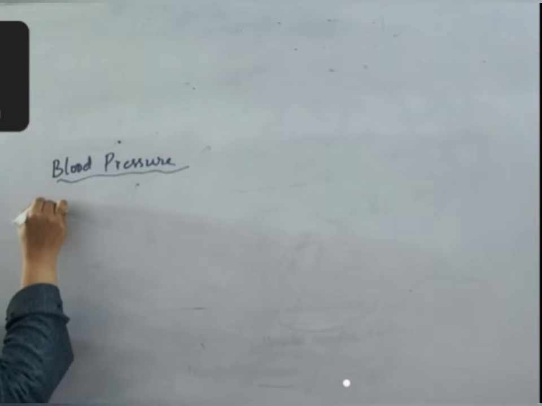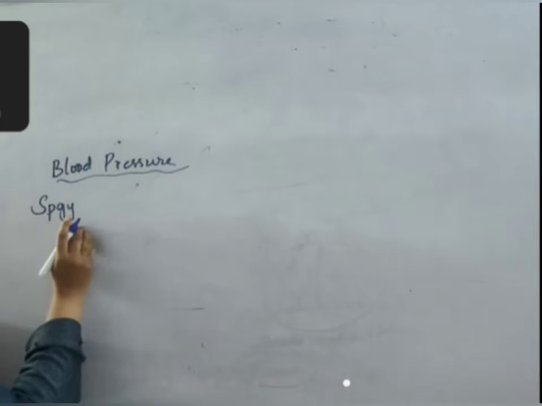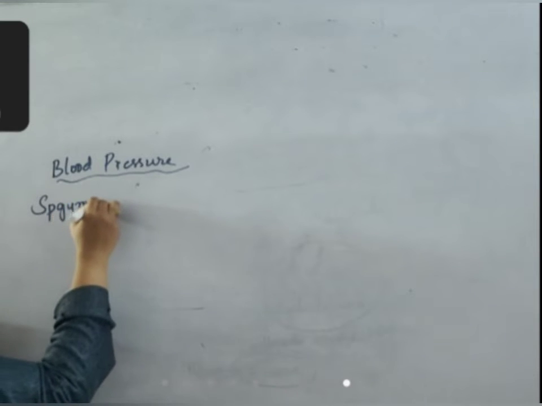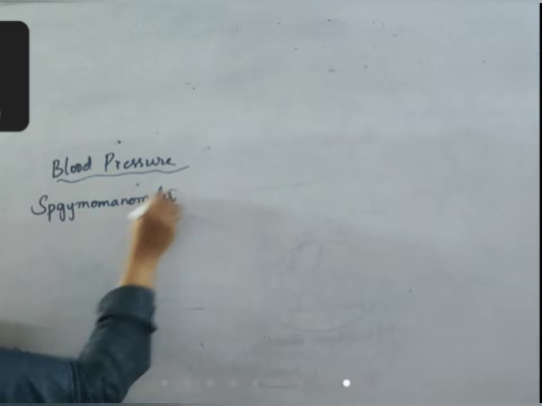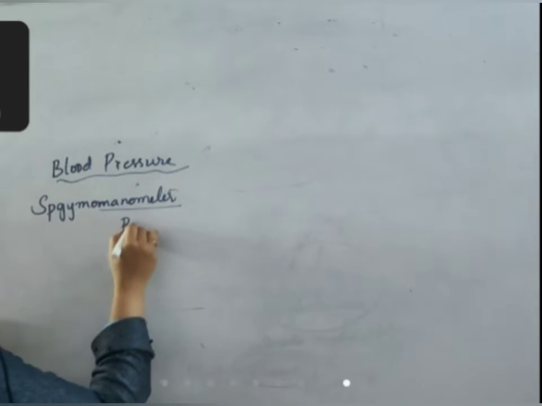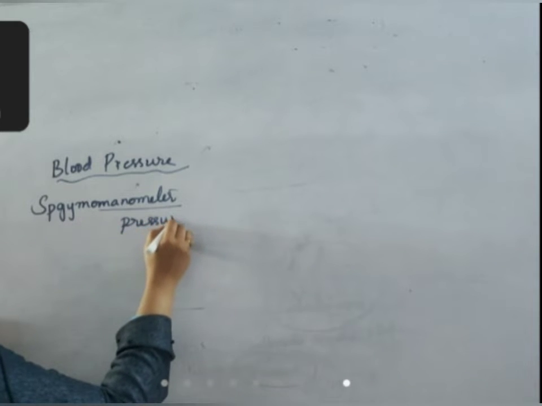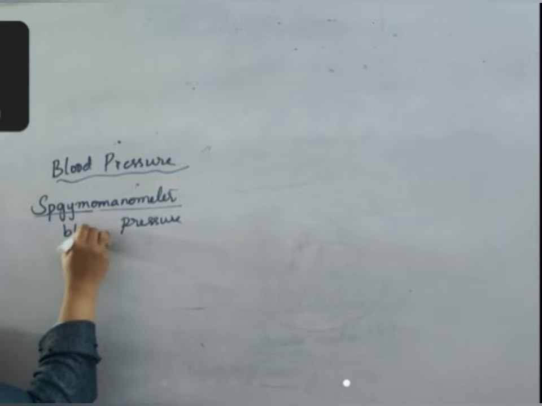Blood pressure is measured by an instrument called a sphygmomanometer. You are all chemistry children, you know that a manometer is used to measure pressure. The sphygmomanometer is used to measure blood pressure.